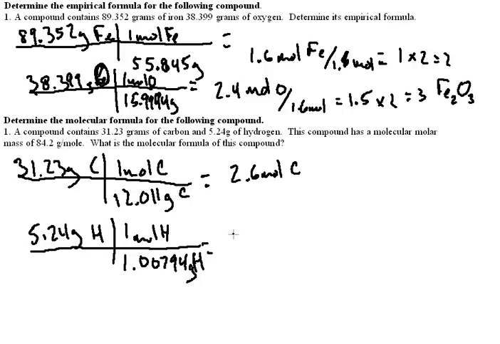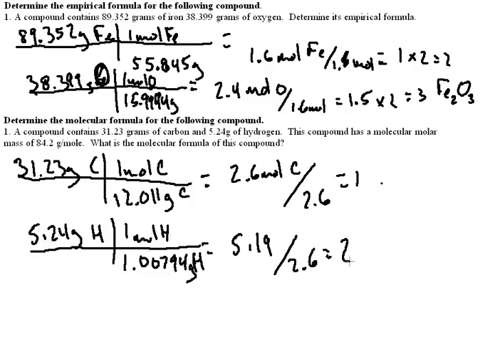This should give us right at about 5.19. So we're going to divide each of these by our smallest number. This is going to give us 1. This is going to give us right about 2. So we've got a 2 to 1 ratio of hydrogen to carbon. So it looks like our formula here would be CH2 for our empirical formula.